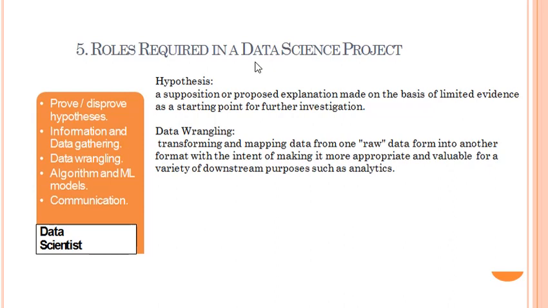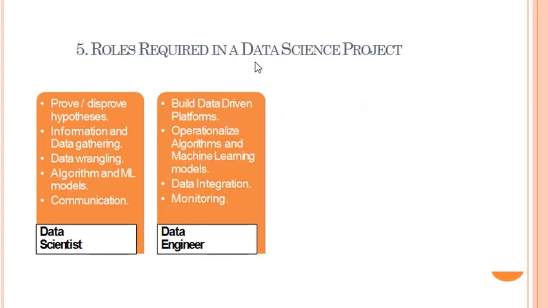So you need to map the raw data into another kind of format, so that it becomes appropriate for further processing, so that we could generate analytics from the data. This is a very important step in which we perform pre-processing on the raw data.